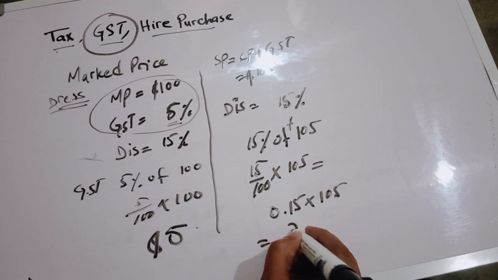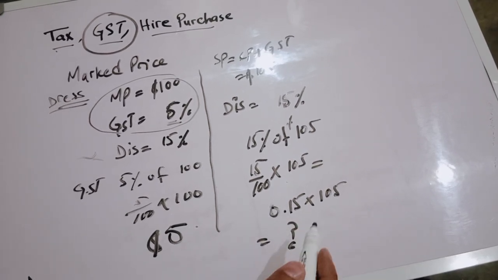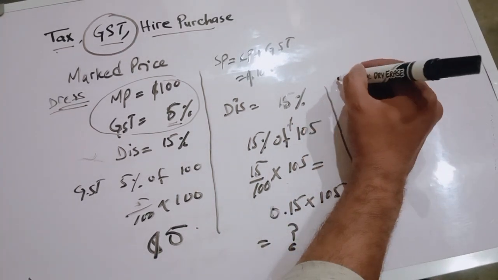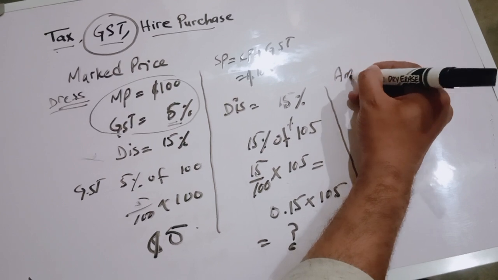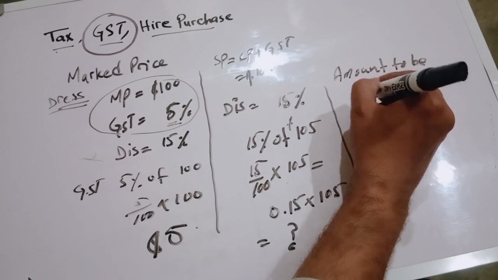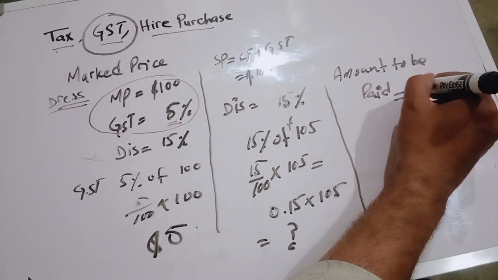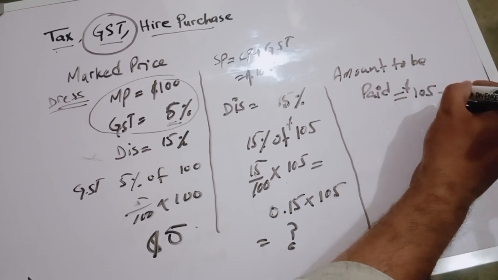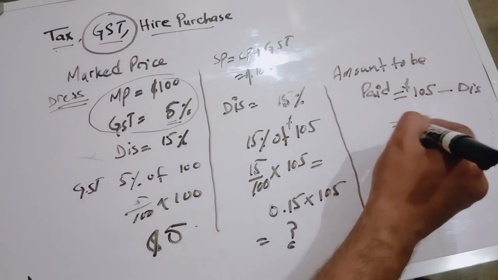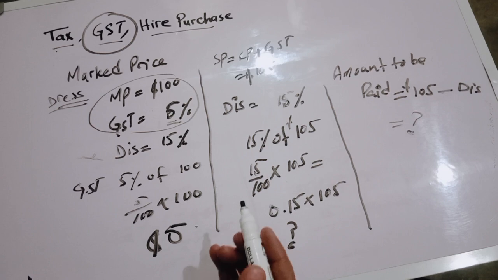This is how we can find the amount of discount. And as we need to find the amount to be paid, that amount to be paid is equal to your mark price, which is $105, minus the amount of discount.